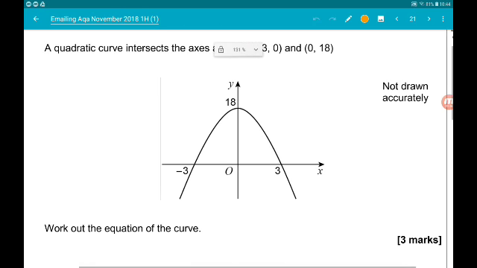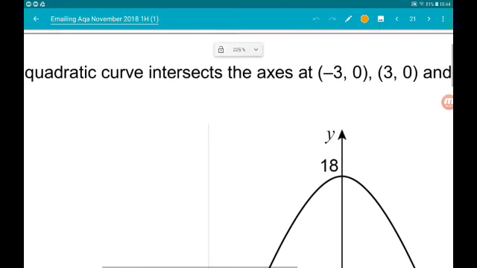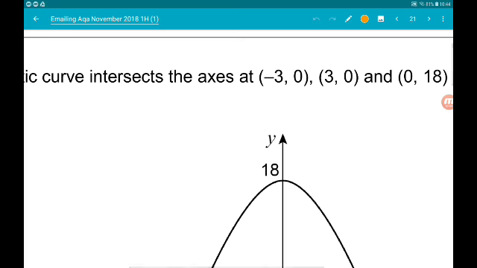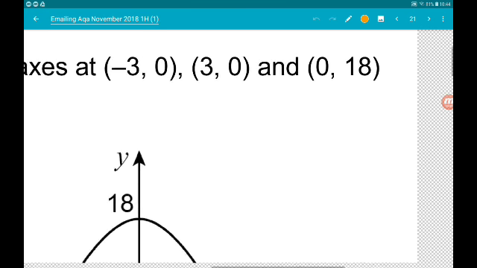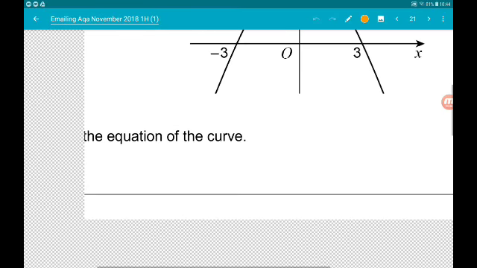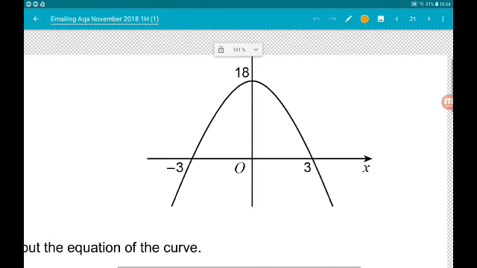Okay, 25, another fun one here. 3 marks. So, a quadratic curve intersects the axes at -3, 0, 3, 0, and 0, 18. We want to work out the equation of the curve.